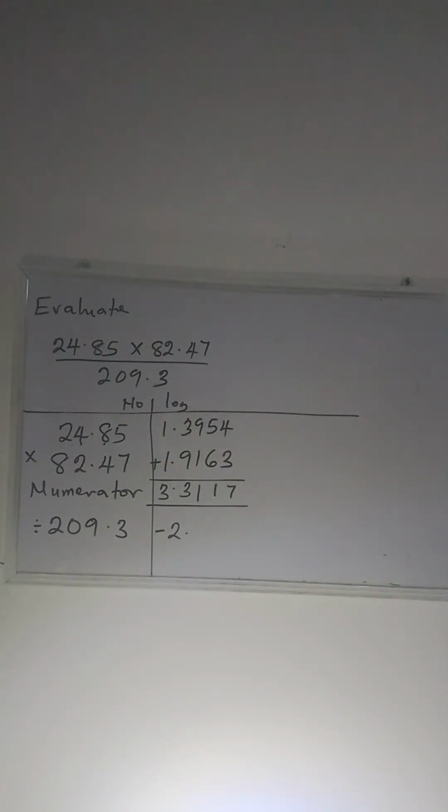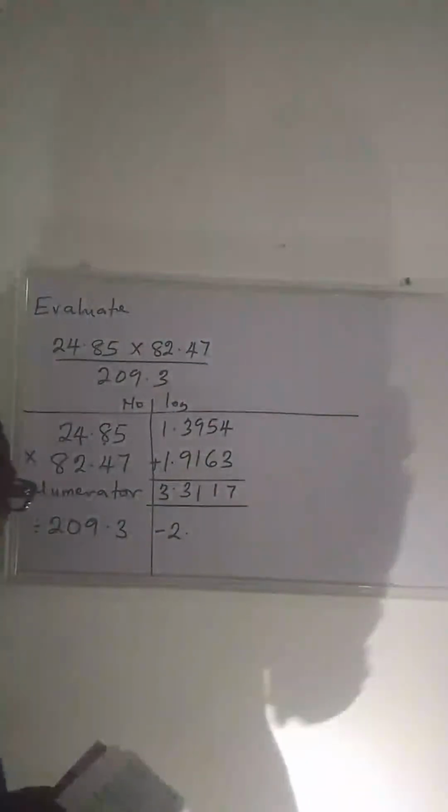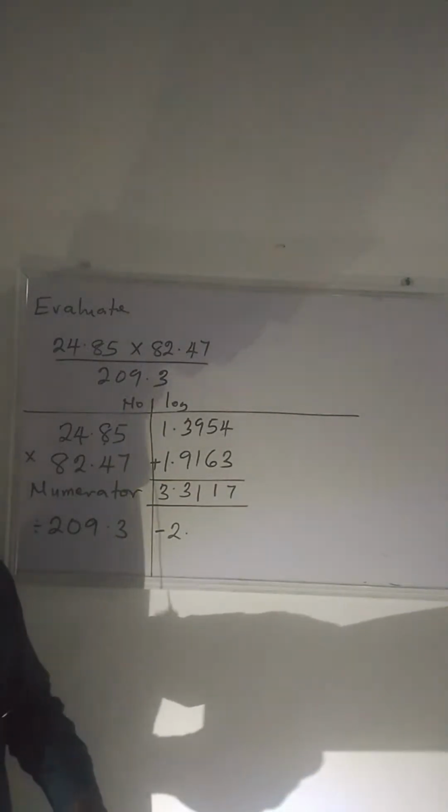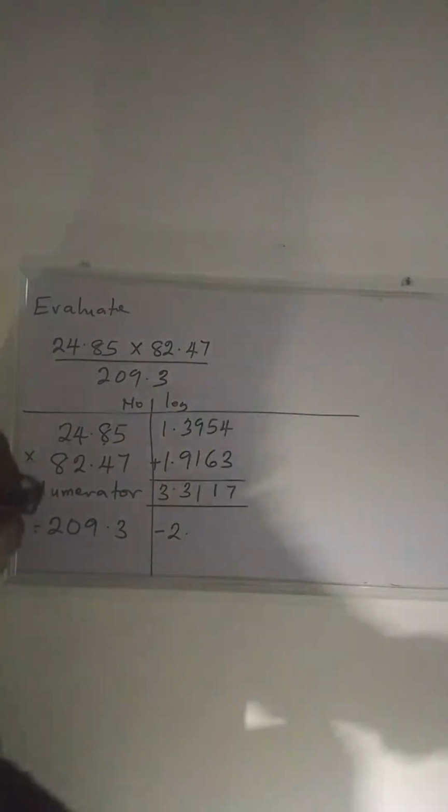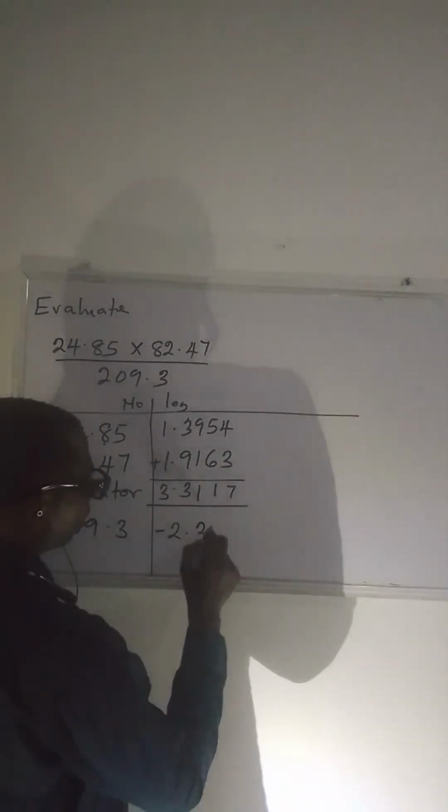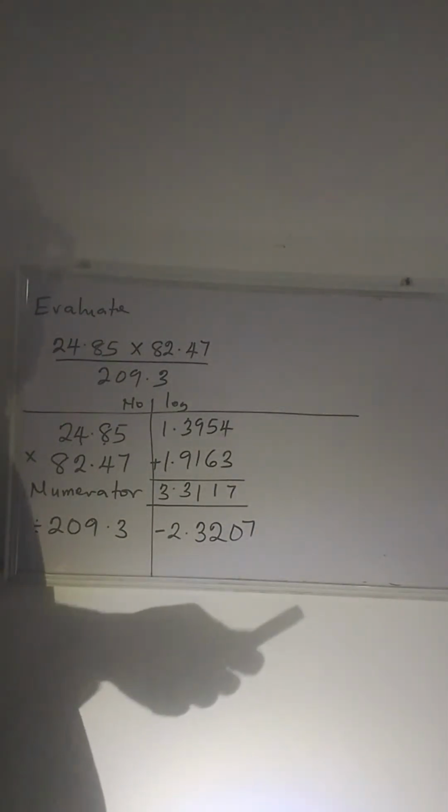Okay, now I think we are good to go. If you have 3207, that means you are correct. Now, that is good.